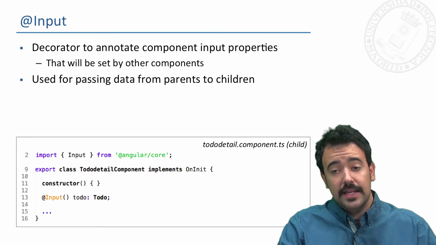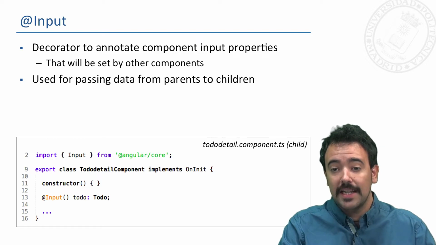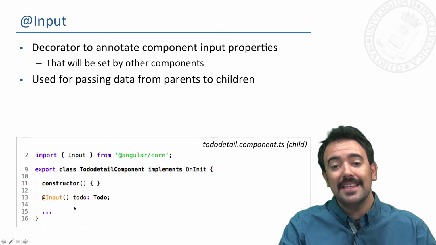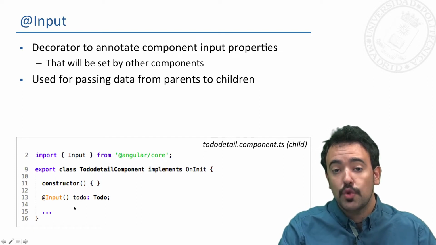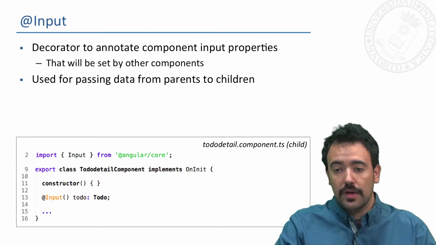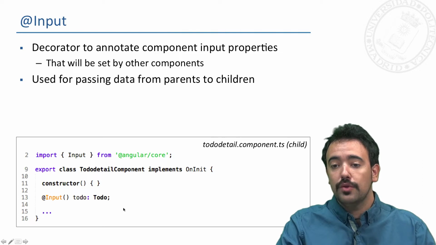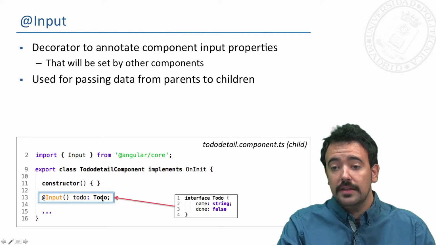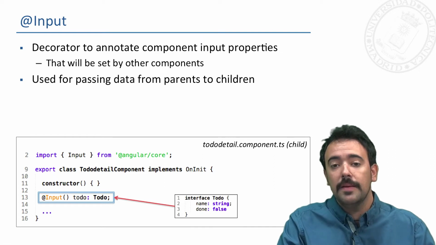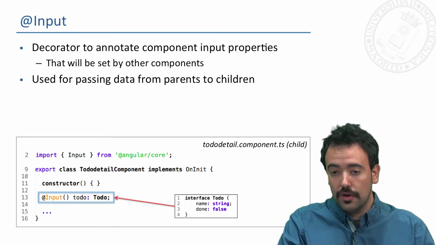Here in this slide we have the logic of the child element, and you can see how this child element needs the information of the specific to-do it is rendering. For doing this, we are going to use a to-do object that is just an object that has the name of the to-do and then a Boolean property that says if the to-do is already completed or not.